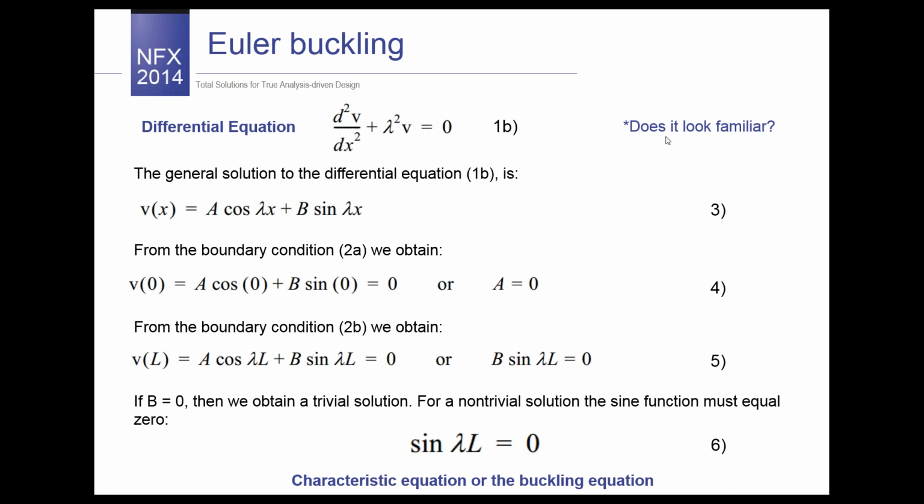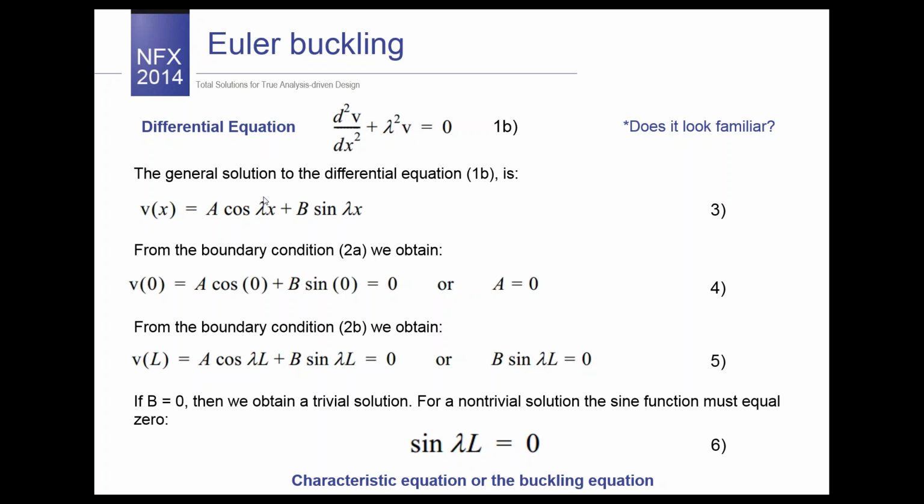And the question is, does it look familiar? I'm asking because it's very simple to guess that this is a linear second order differential equation. And of course, we met this equation, for example, in linear dynamics.